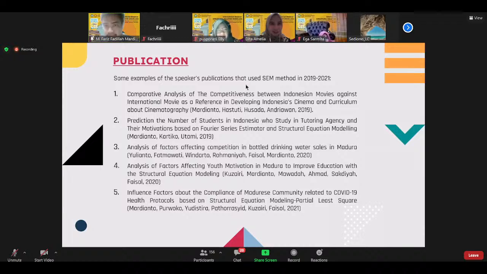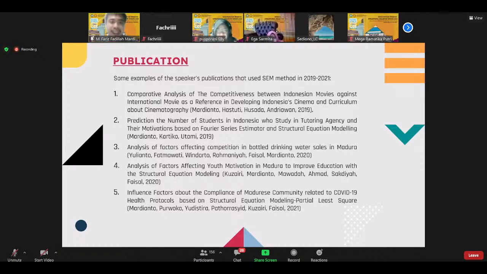In the previous session, Dr. Hashem already shared his publication, and in this session I also share our publication with a team. The first publication is a comparative analysis of the competitiveness between Indonesian movies and international movies as a reference in developing Indonesia's cinema and cinematography curriculum. In this publication we use SEM, structural equation modeling.